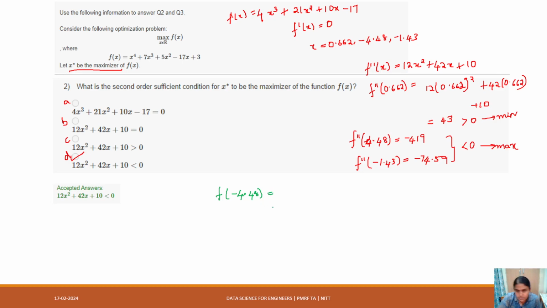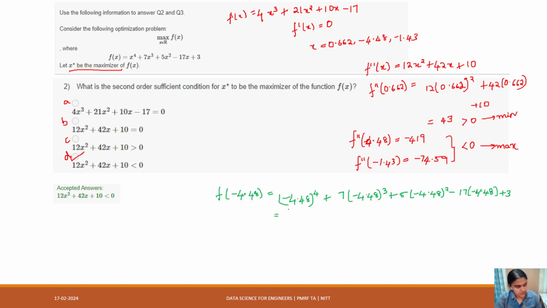So it will look like minus 4.48 raised to 4, I'm substituting it in the f of x equation, plus 7 into minus 4.48 cube plus 5 into minus 4.48 square minus 17 into minus 4.48 plus 3.